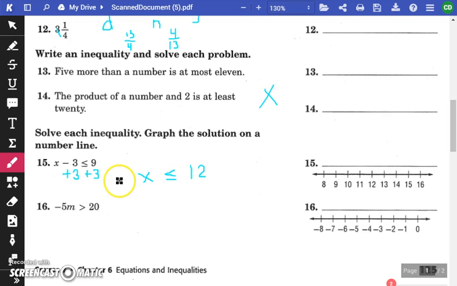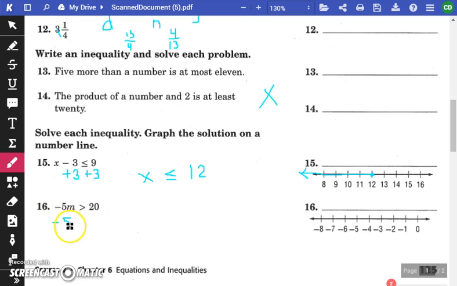Okay, so I had to balance the equation. Now I have a graph. Well, I'm going to include 12 because it is equal to 12. And now I need to think to myself, what is less than 12? Well, the numbers to the left are smaller than 12. And so any of these numbers to infinity are going to be less than 12.